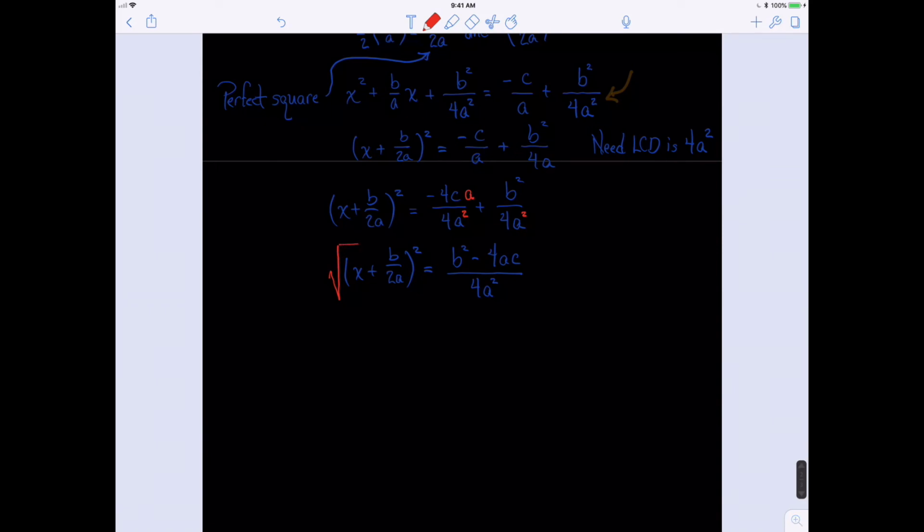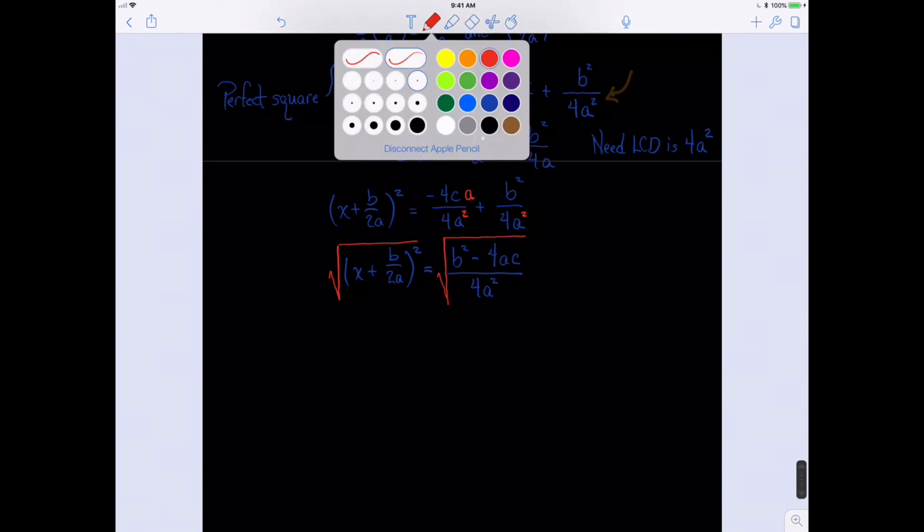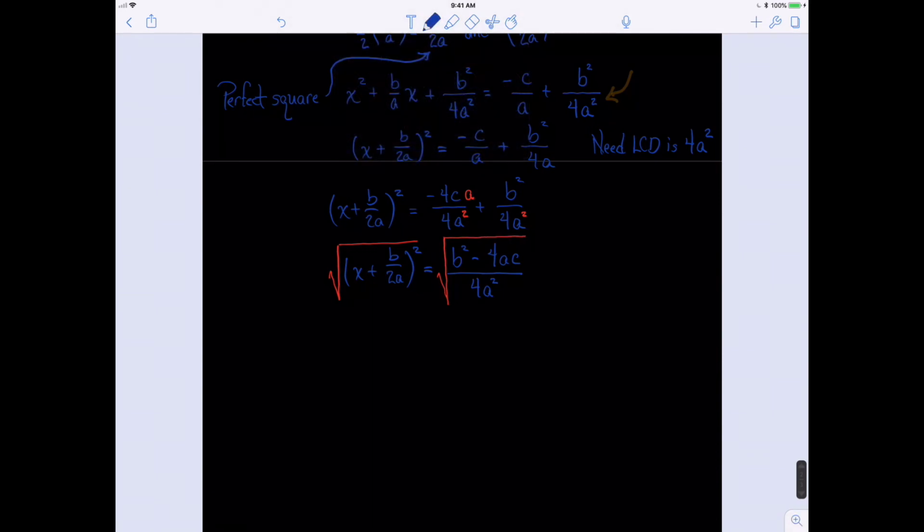I'll do it in another color to show that we're moving on to the next step. This leaves me with x plus b over 2a equal to plus or minus the square root of b squared minus 4ac over 4a squared.